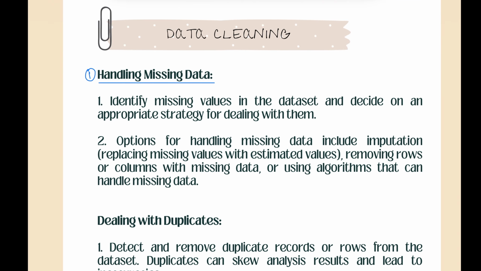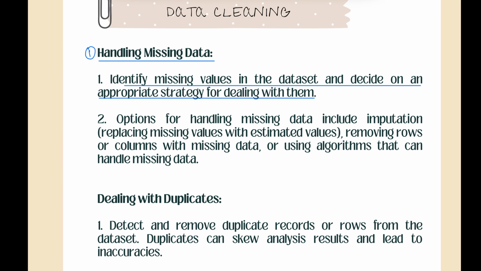So the first one in the data cleaning process is handling missing values. Identify missing values in the data sets and decide on an appropriate strategy for dealing with them. Handling missing data is the most important step.